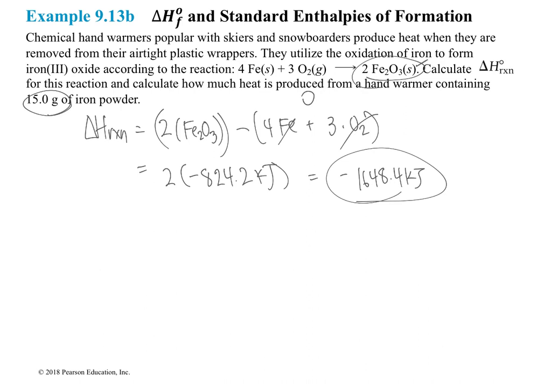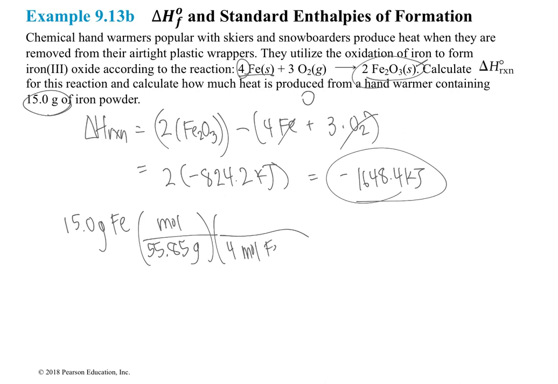So if I want to use 15.0 grams of iron, I'll use my molar mass of iron first, dividing by 55.85 grams per mole. Now I can use stoichiometry. I have 4 moles of iron for every negative 1648.4 kilojoules produced.